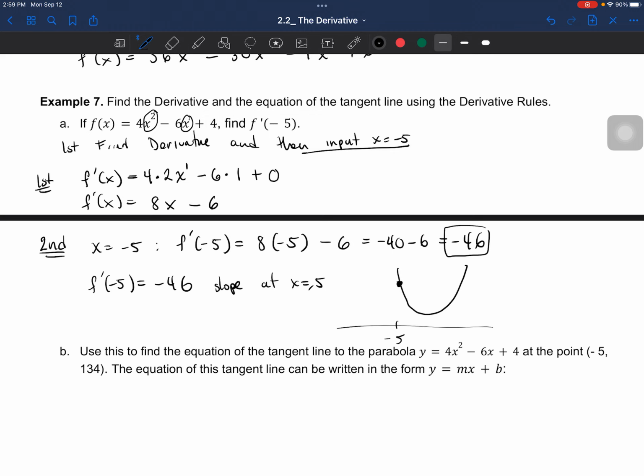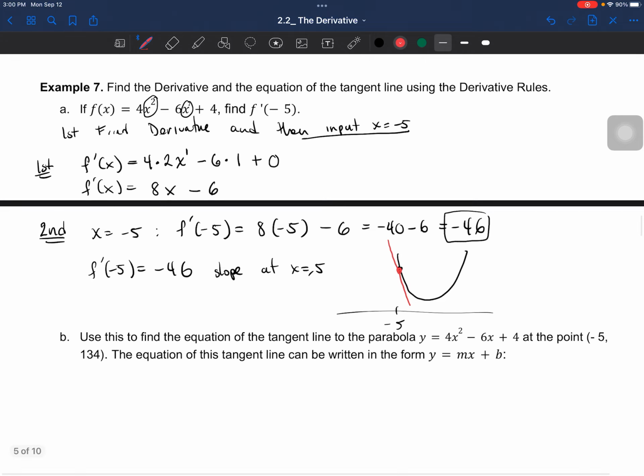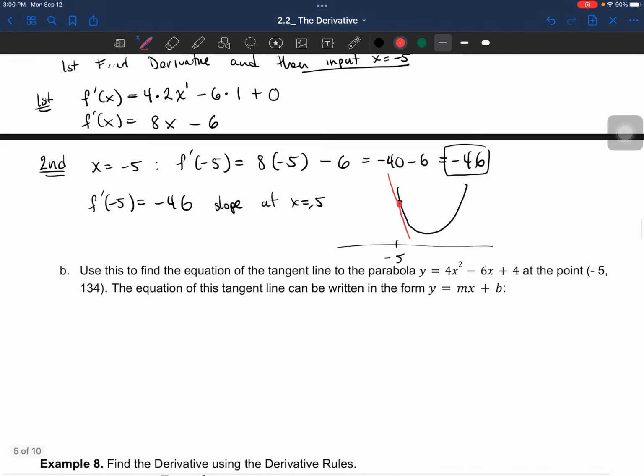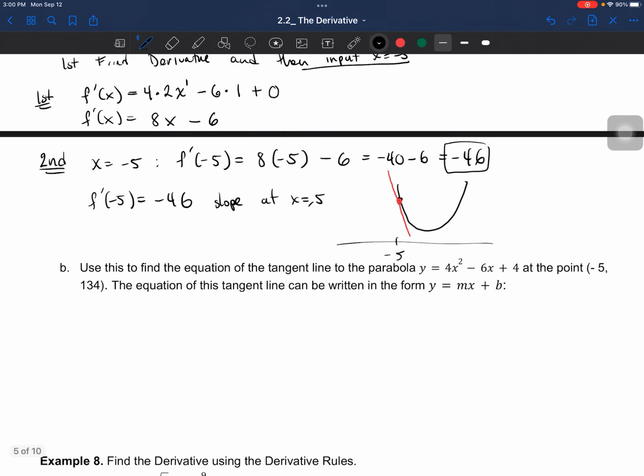What we also know is that at that curve, you can trace a tangent line from there, and that tangent line and that curve at x equals -5 will share the same slope. A tangent line is always a straight line, and has the same slope as the curve. The goal for the next problem is to find the equation of the tangent line.